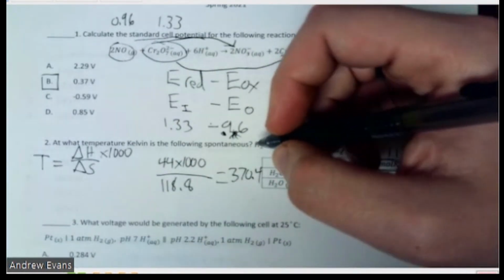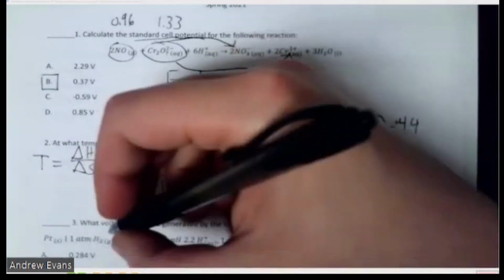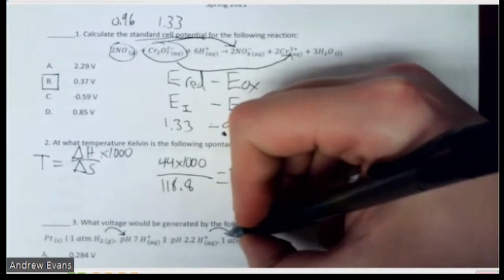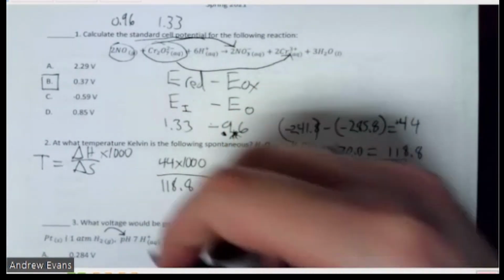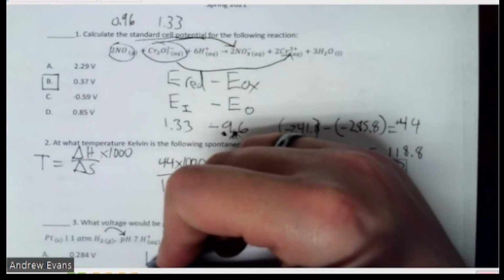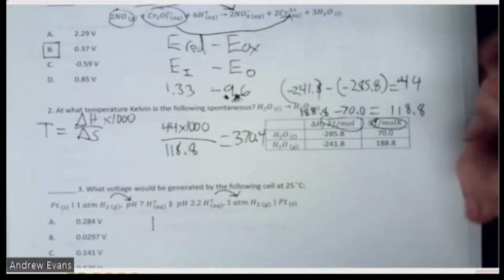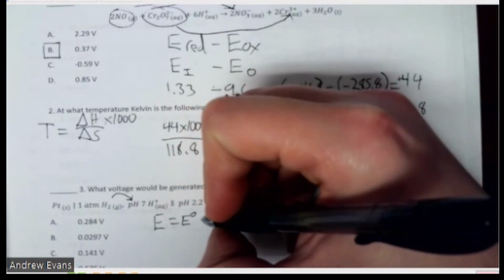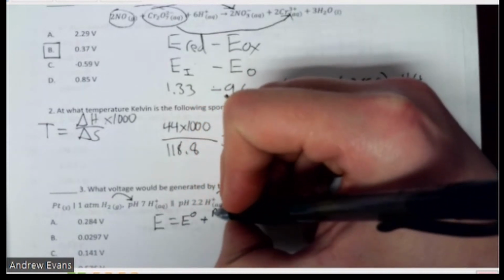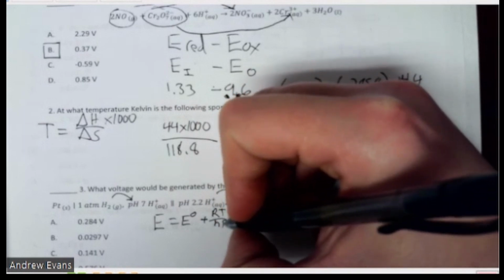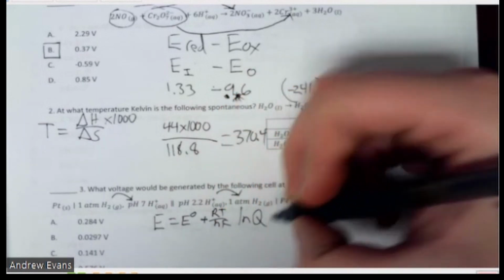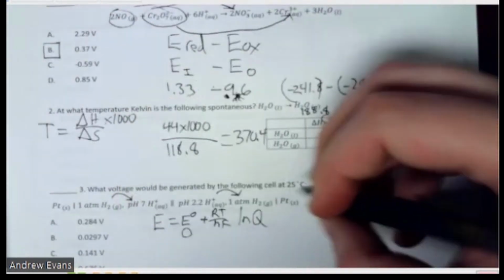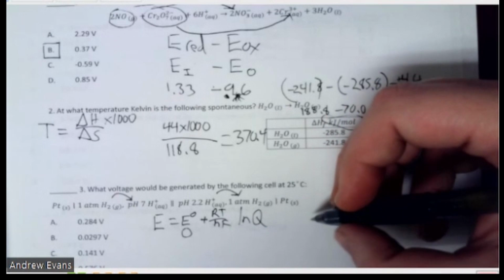Okay, this one, that's a bad one. The reaction's always going like this. In this equation, this is a Nernst problem. Nernst problem. E equals E naught plus RT over nF ln Q. Well, our E naught is 0 because it's the same reaction going as coming.